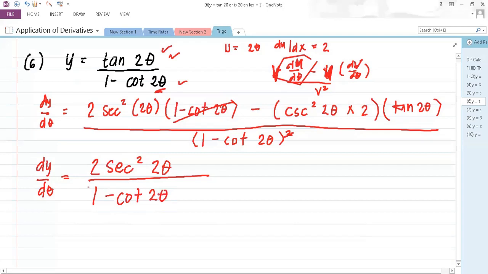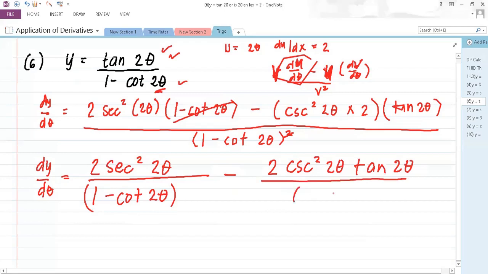Okay, so minus 2 cosecant squared of 2 theta, tangent of 2 theta, over 1 minus cotangent 2 theta squared.